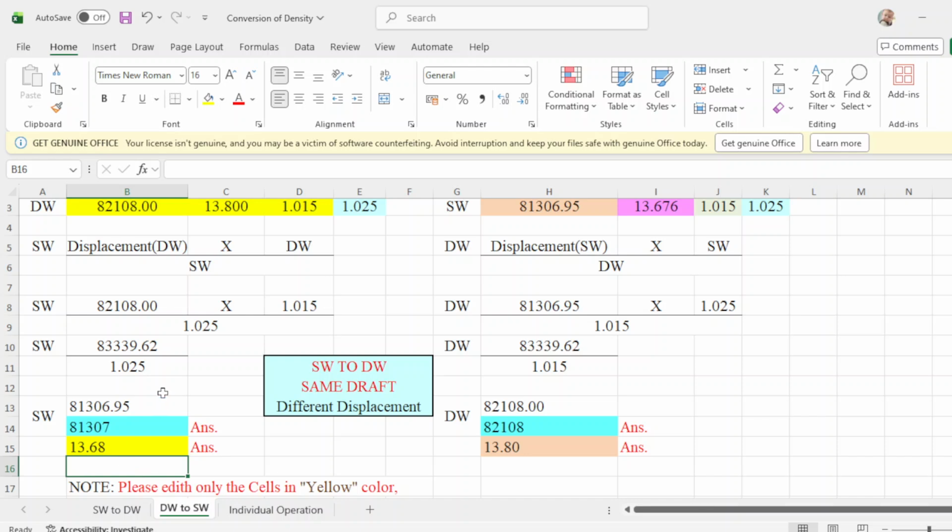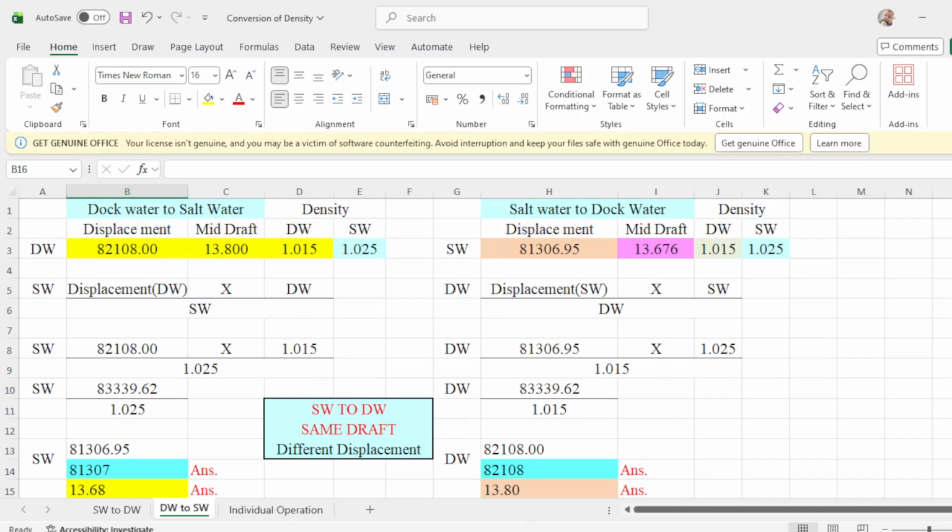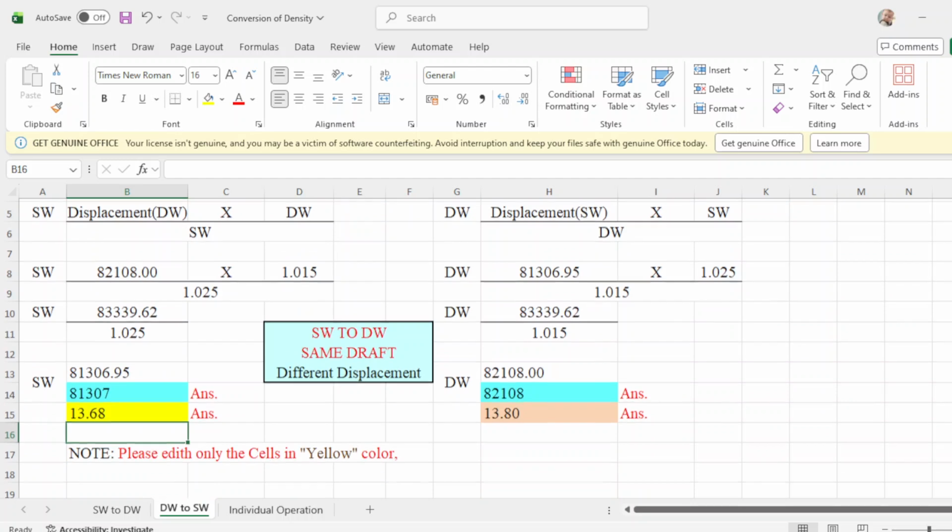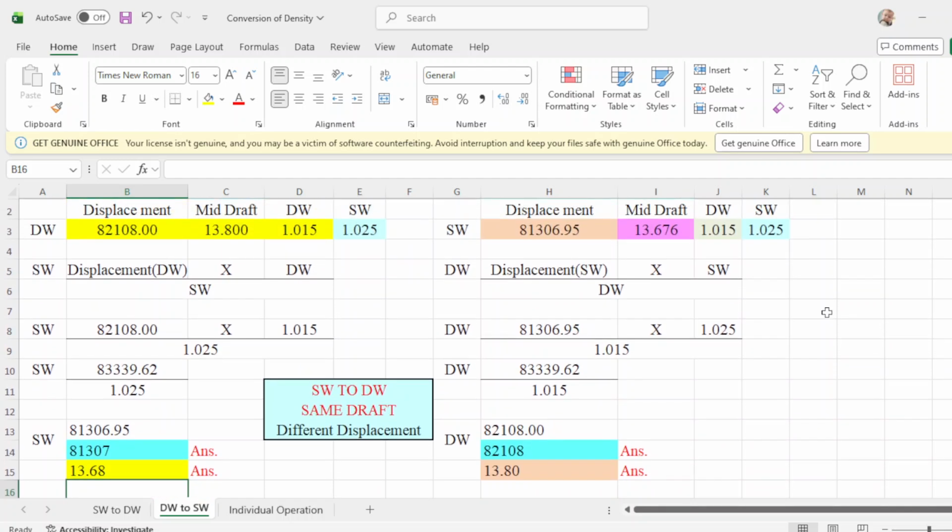Okay. And on the other side, this is from salt water to dock water. This is already automatic. So you're going from salt water to dock water. So your displacement at your salt water density is 81306.95. With this one, the mean draft is 13.676, which is this one.